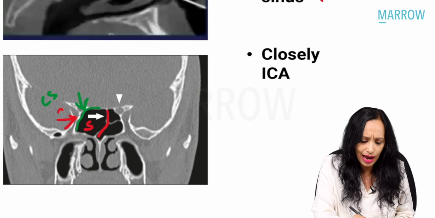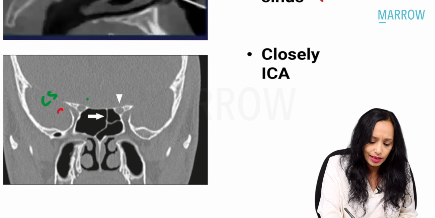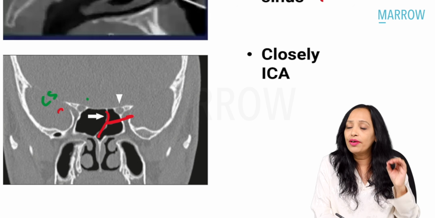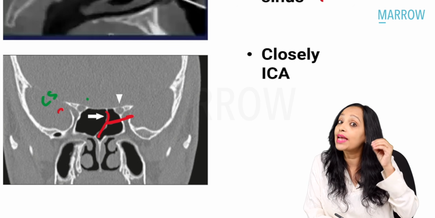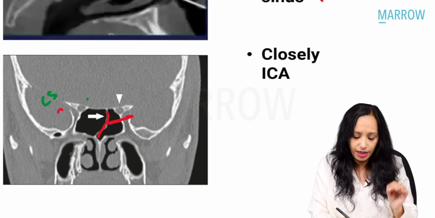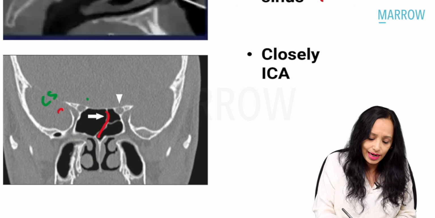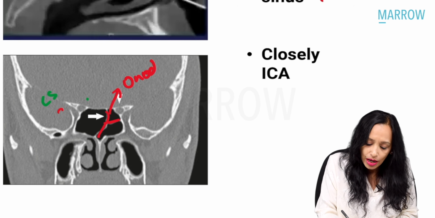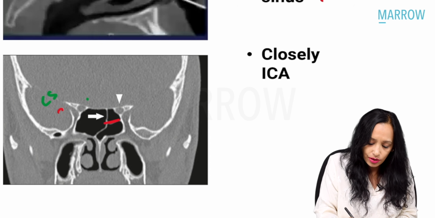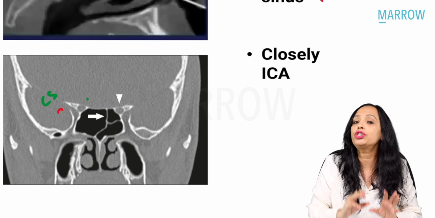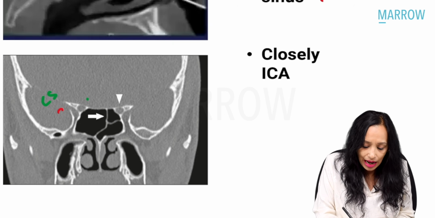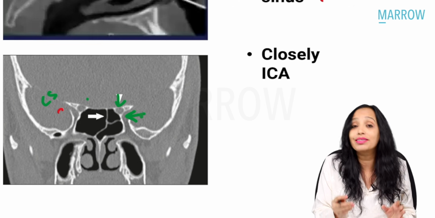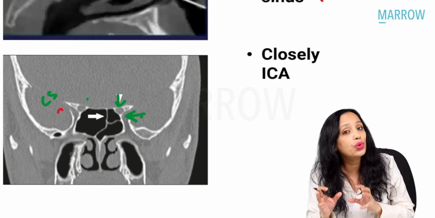Now let us have a look at the other side. On the other side, we see a horizontal septa. Whenever there is a horizontal septa inside the sphenoid sinus, the cell above it is the Onodi cell. So the Onodi cell has come above the sphenoid sinus, and now the optic nerve as well as the internal carotid have come in close relation to the Onodi cell.